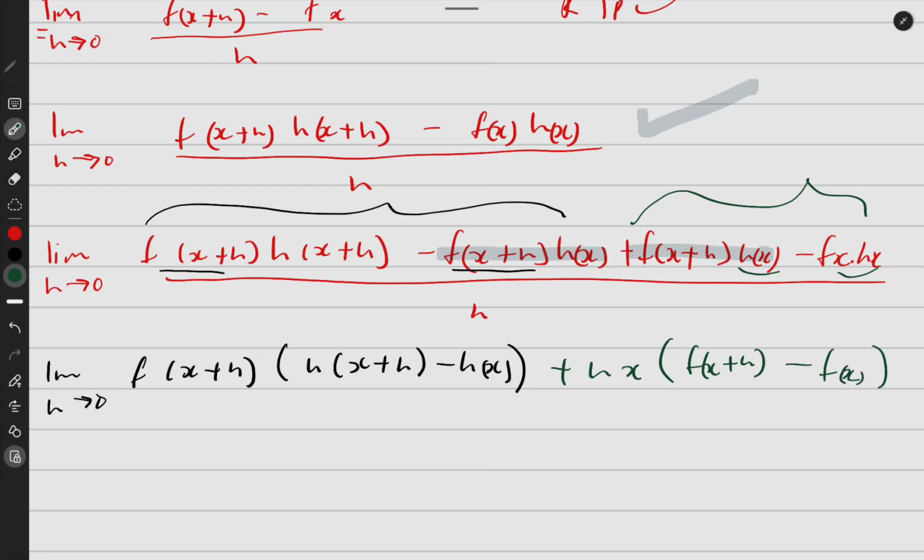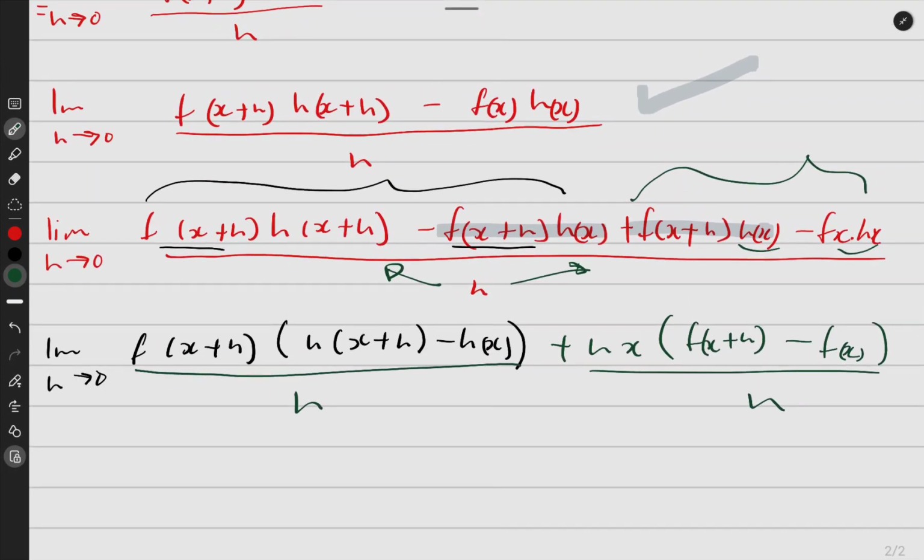Close. Okay, this is all over h, so I can just take h for this term and h for this term. So I'm just saving time. I should have shown the step all along, but it's nothing. I just take h, put h there, and put h there. So h is for both of them. It's a common denominator, it can come back to here. So I haven't done anything clever yet.